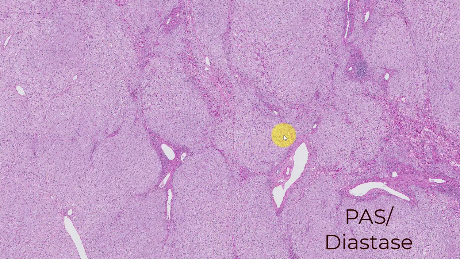So when you back out on low power, you notice that nodular architecture, and part of that nodular architecture is created by the presence of these PAS positive macrophages at the periphery of these nodules, where they accompany that atrophic liver parenchyma.